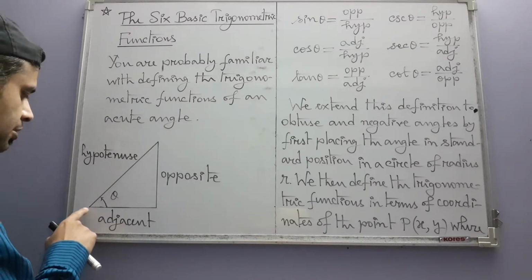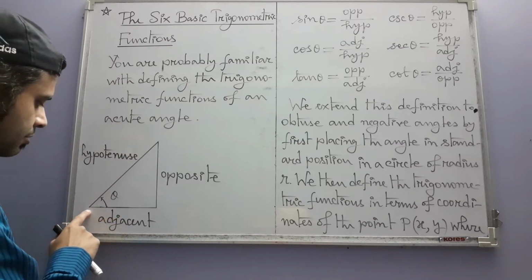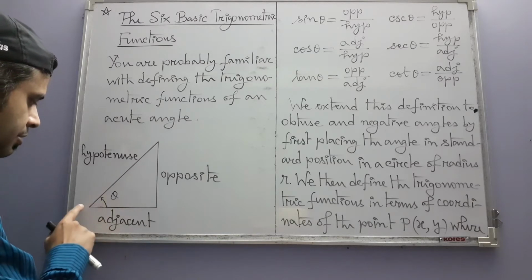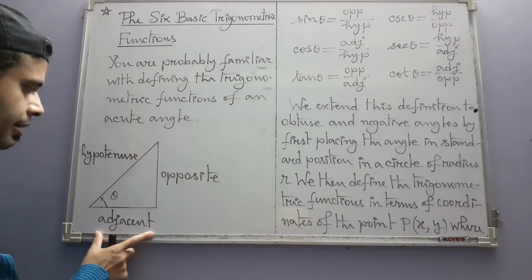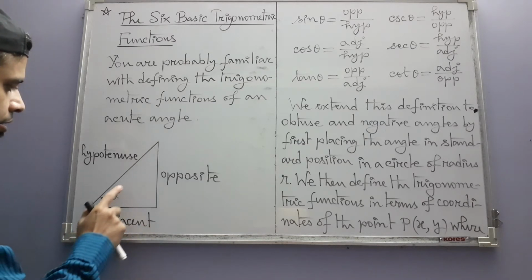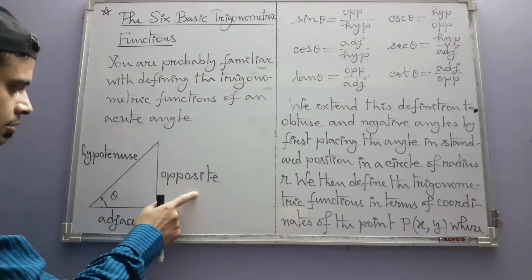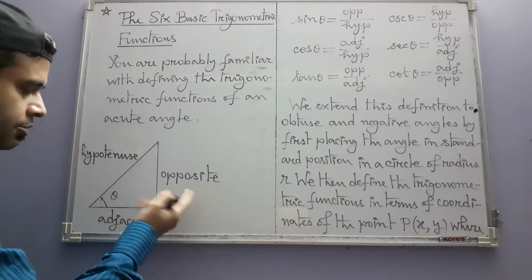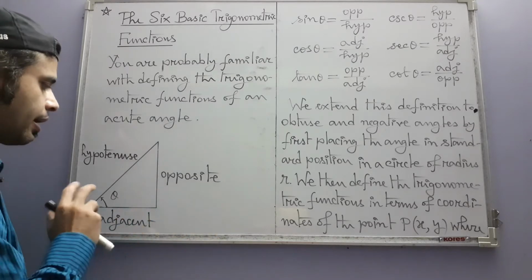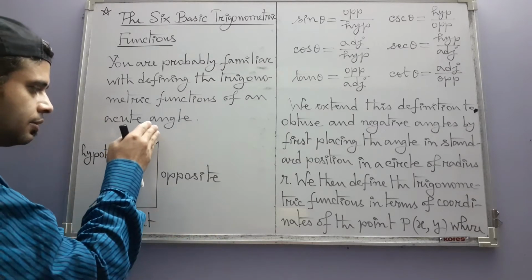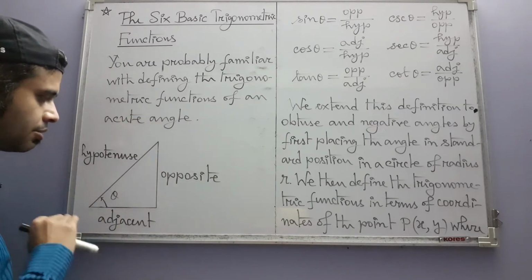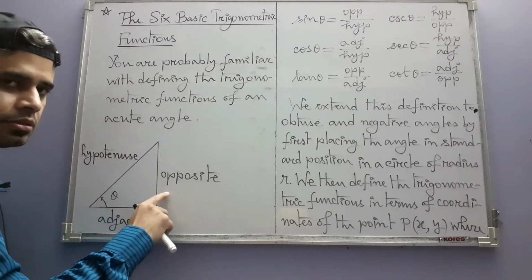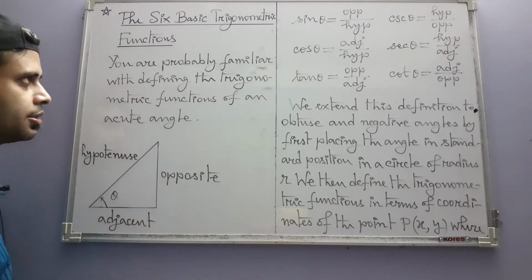The side of the triangle adjacent to that angle, which is different from the hypotenuse, is called the adjacent side, and the side which lies opposite to that angle is called the opposite side. In another terminology, this side is called perpendicular and this is called base. Here, however, we will call them opposite and adjacent.